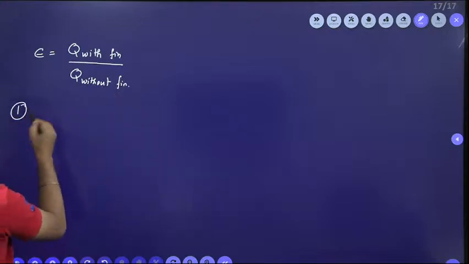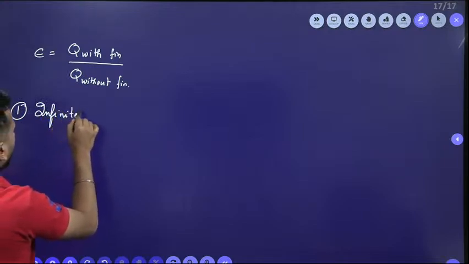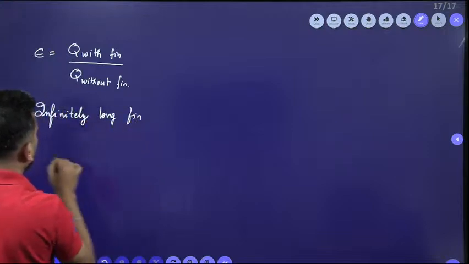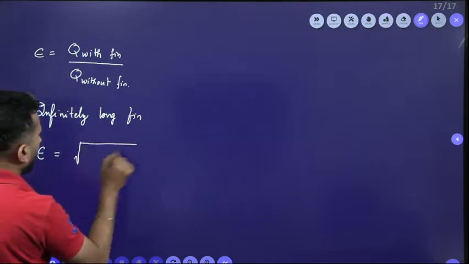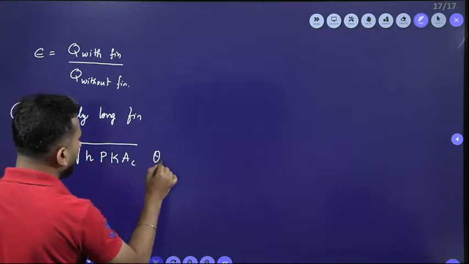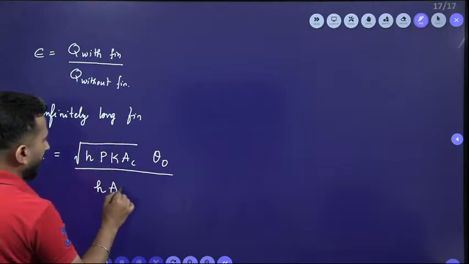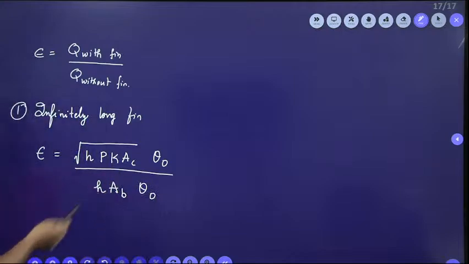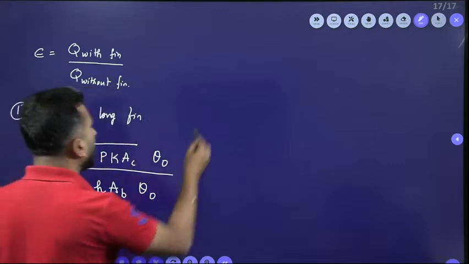Now let us assume the first case, that is an infinitely long fin. What is Q with fin? Root over HP K A_C theta naught. And what is Q without fin? H A_B theta naught. Now A_C and A_B are the same, that is not the issue.